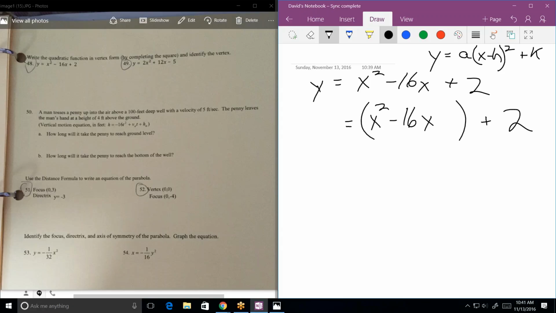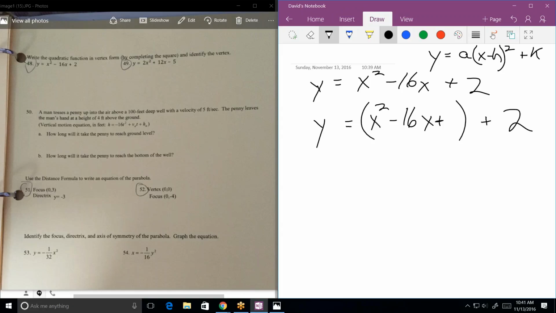Now, how do you complete the square? You divide -16 by 2 and then square that. Okay, and that's always added because whether it's positive or negative, it's going to be a plus.